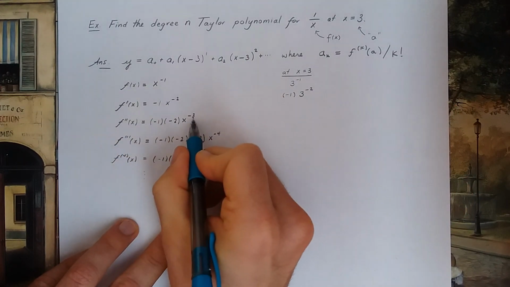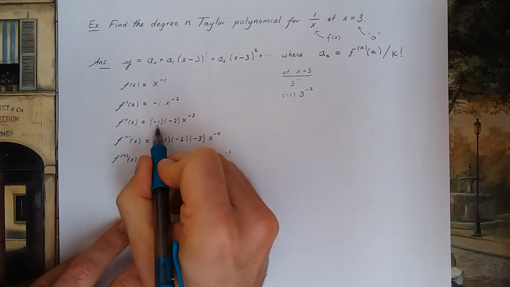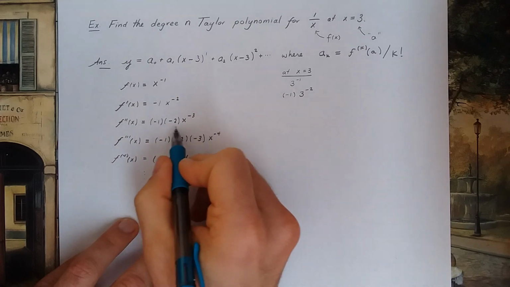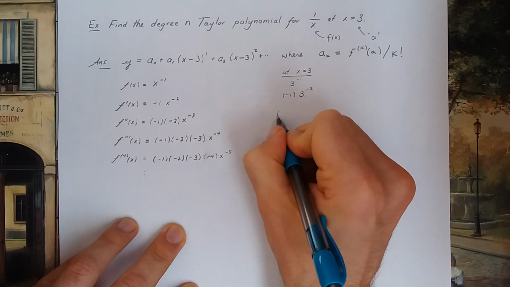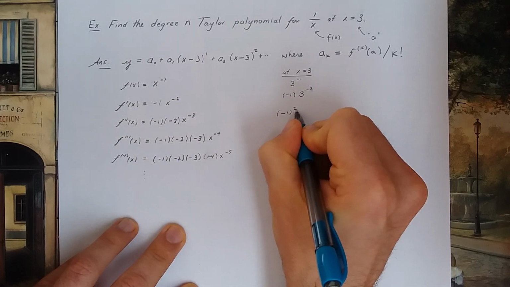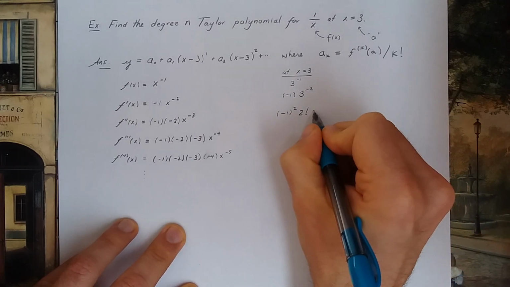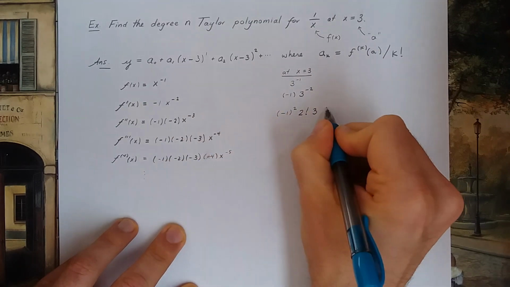Oh, excuse me. The second derivative here, I claimed I didn't want to simplify, but since I kind of see the pattern, I'm going to write this as negative 1 squared times 2 factorial, 3 to the negative 3.